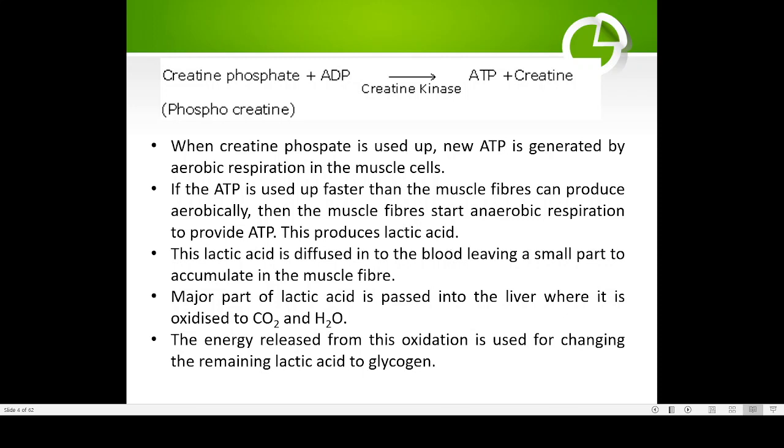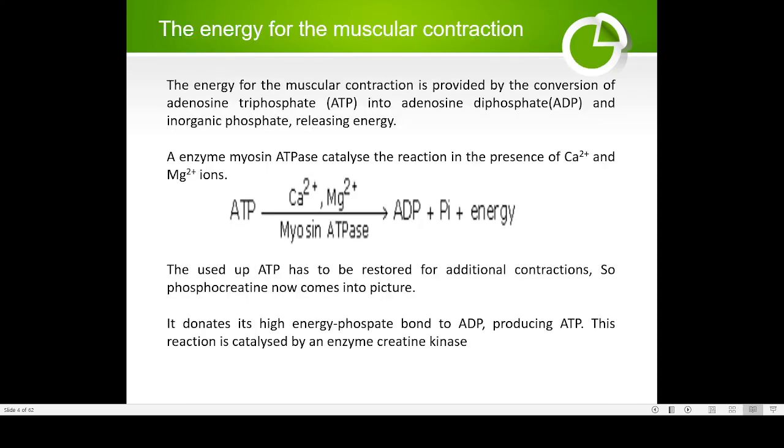Here you can read this sentence: during a muscle contraction, ATP is used. ATP will be converted into ADP and energy is released, and that ATP has to be recreated. When ATP converts into ADP, this ADP molecule has to be converted back into ATP.